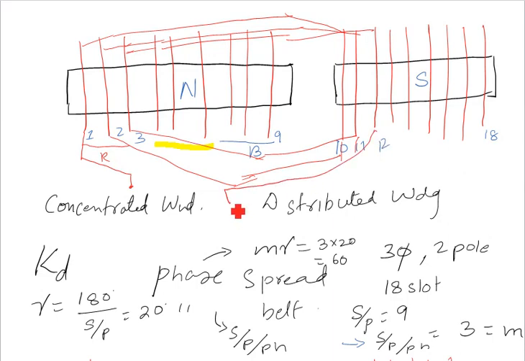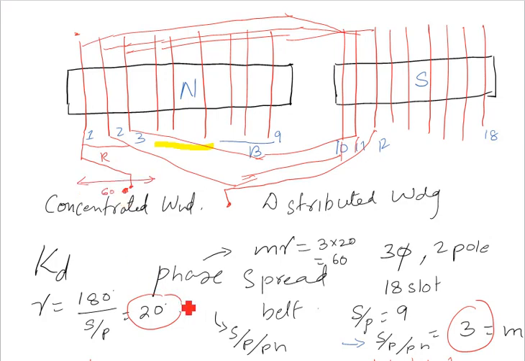So this is my R phase winding, distributed in the first 3 slots, R phase winding in the first 3 slots per pole per phase, with each slot having an angle of 20 degrees. So 3 slots will have an angle of 60 degrees, right?